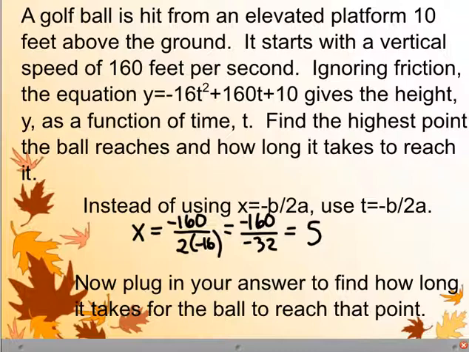So we see that the x value in this equation is just 5, or our time is 5, that we can replace t with in our original equation. And when we do that, we will find how high it is at that highest point after those 5 seconds. And you can try that on your own.